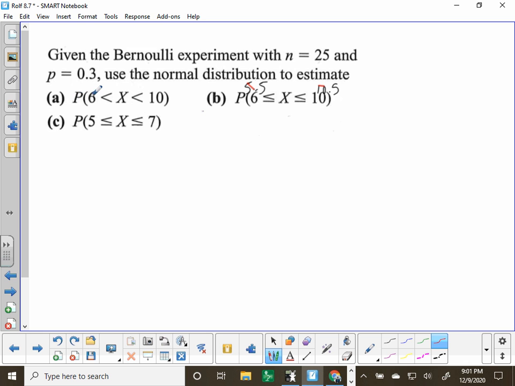Here, since it's above 6 and below 10, we're really doing 5.5 to 9.5. Oh, no, you're above, your x is greater than 6. So it'd be 6.5, my bad.